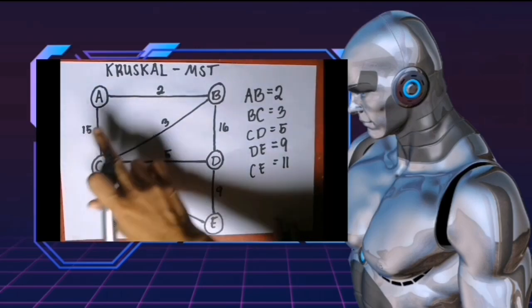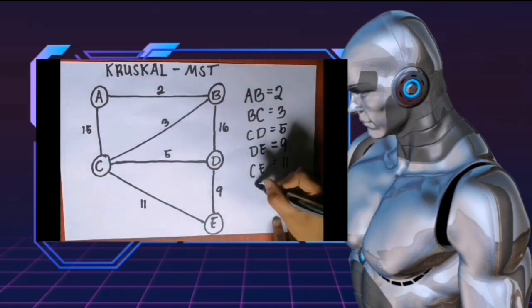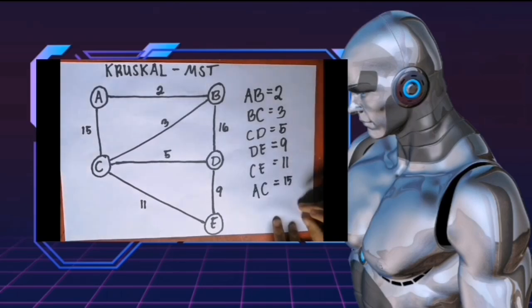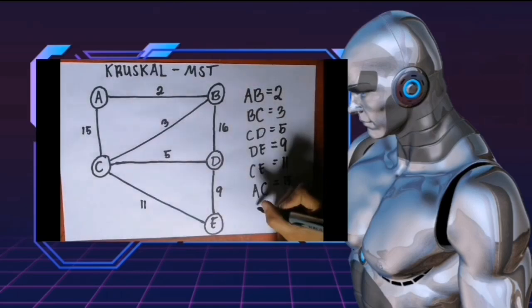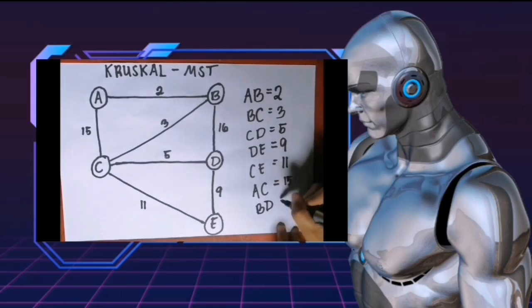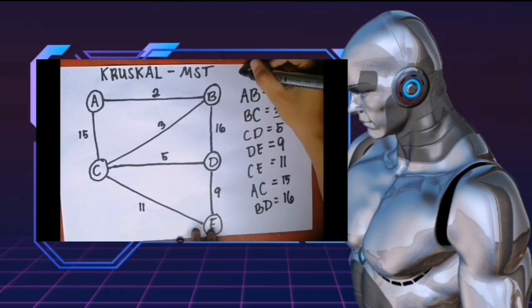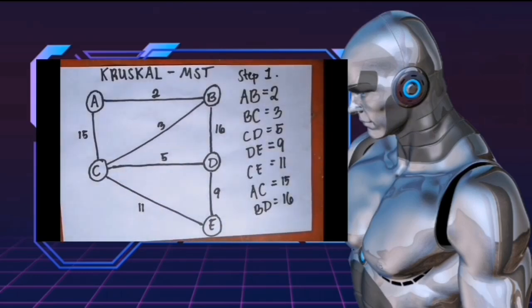Next number we have 15, and let's write down the vertices. We have AC is equal to 15. Last number is 16, and write the vertices. BD is equal to 16. Now that we finished our step 1, we already sorted the edges in increasing order.